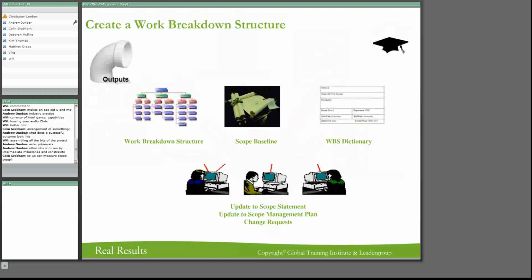And that can help us with a dashboard of understanding when something's starting to get critical within a project. If we start seeing too many things happening and we're deviating too far from the baseline, it gives us a warning sign that says, hey, something's not right here. We need to change something.